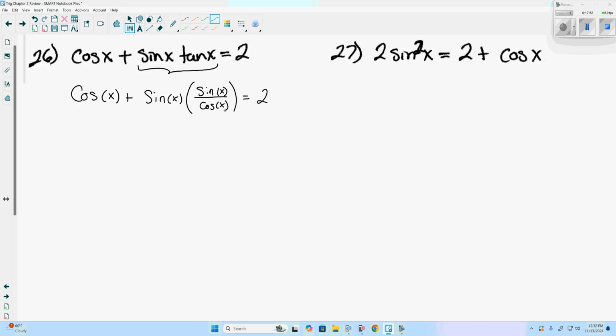Tangent is sine over cosine. And we can multiply these together to get sine squared of x over cosine of x is equal to 2.